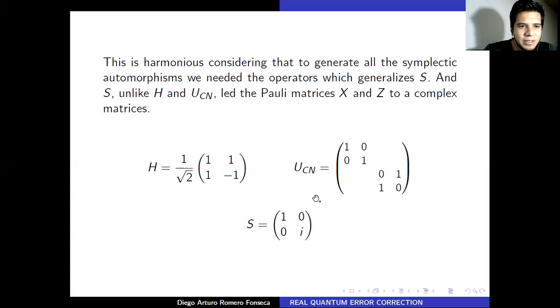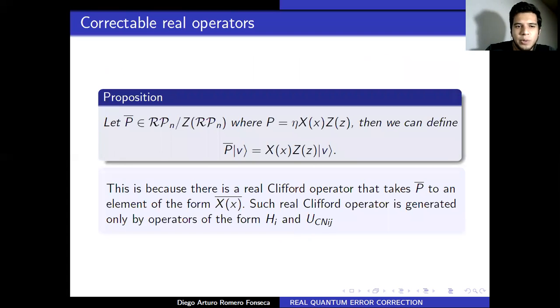So the phase gate is the only one that can take the real Pauli group to the Pauli group, maybe with complex things. So we don't need complex matrices in the real errors world. In this situation, where we only need real Clifford operators, we can define the action on the coset on a qubit in a much simpler way. So we will define it as follows.